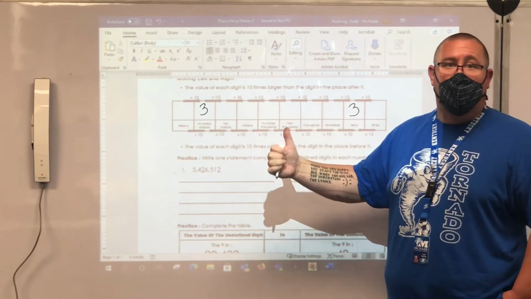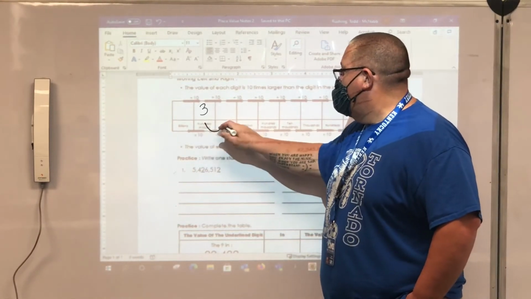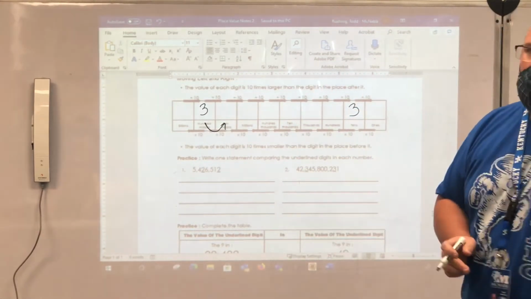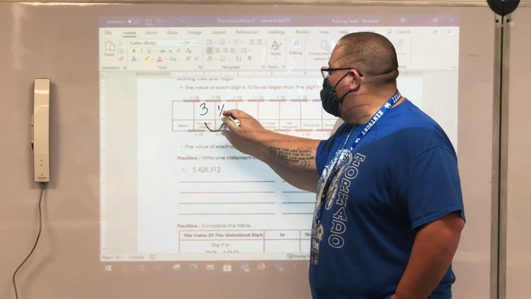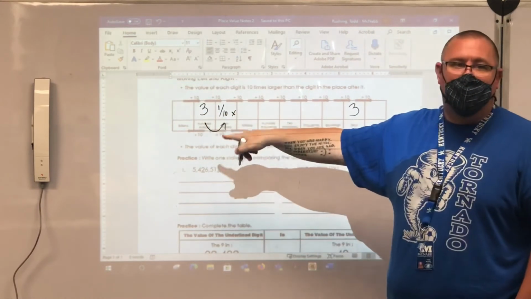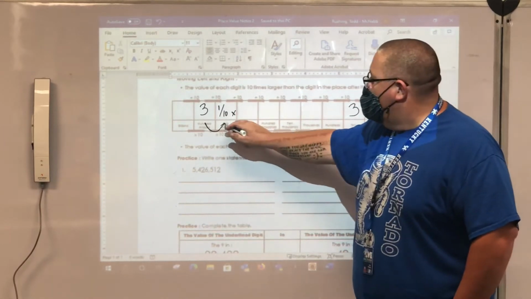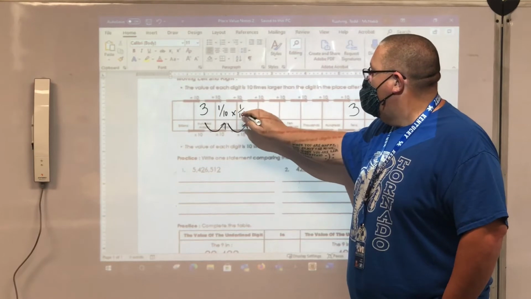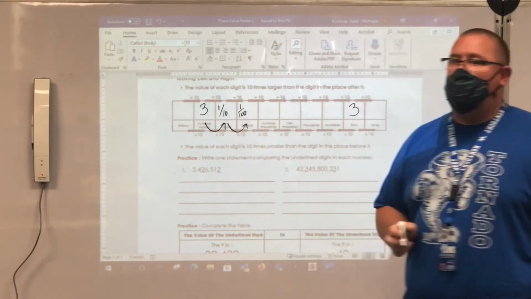If I'm moving from the 100 millions to the 10 millions, that is not 10 times, but 1/10. It's going to be 1/10 the size of the 100 millions. If we move from the 10 millions to the millions place, it is 1/100th the size of the spot before it.